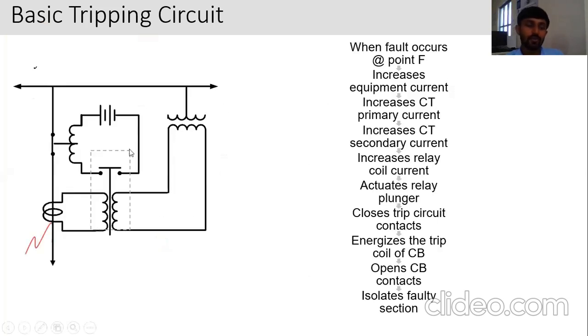So this current flows through this coil, the coil is energized, and this plunger is attracted in this direction. So this circuit is open and the fault is isolated.